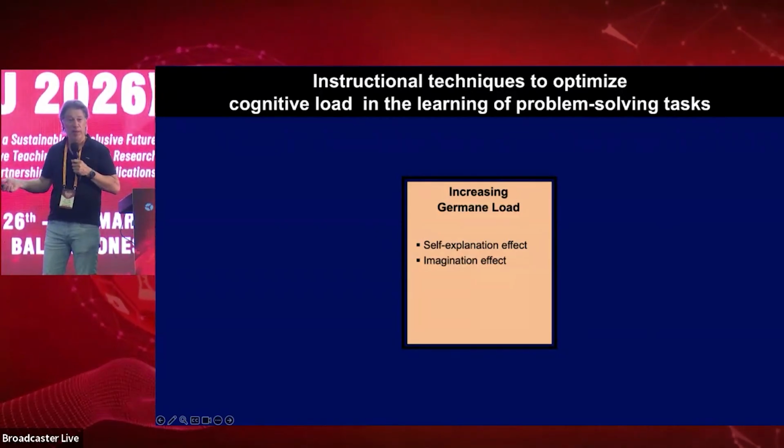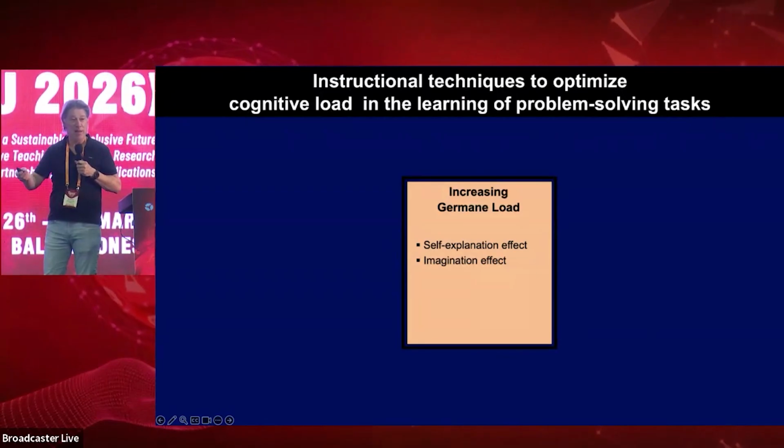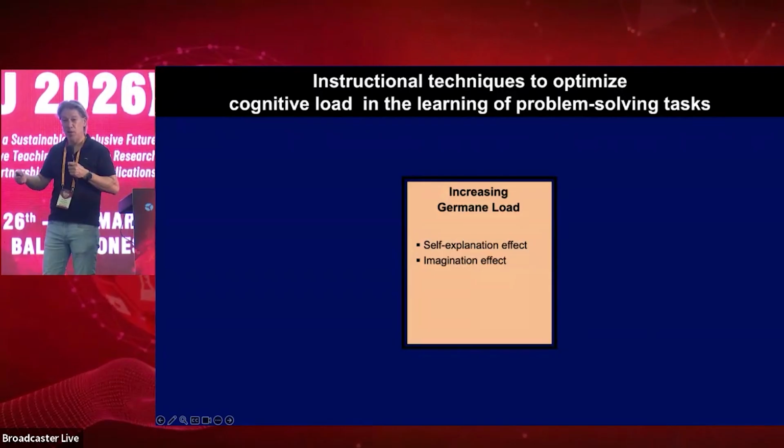Both techniques clearly add an additional load, but research has clearly shown that this load has a positive effect on learning, and especially on transfer of learning. So students who use these techniques are better able to solve problems that are different from the ones they did during practice.